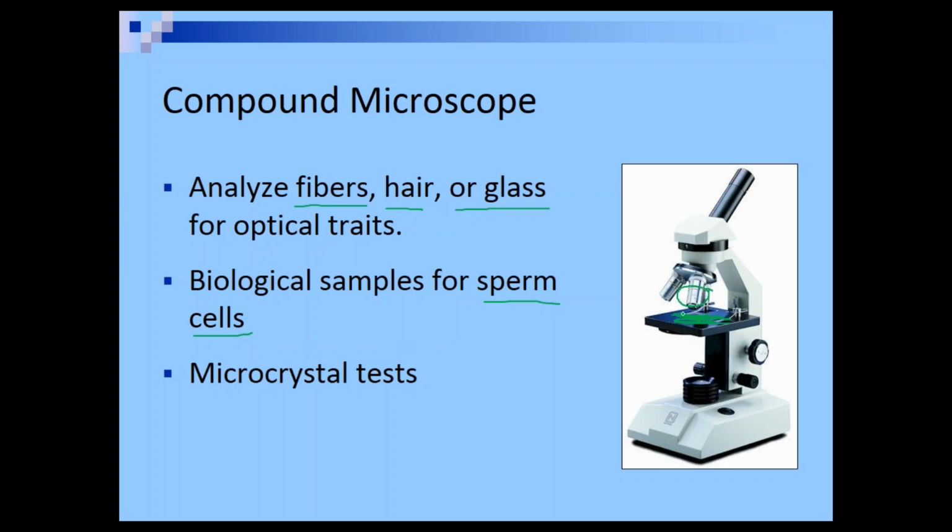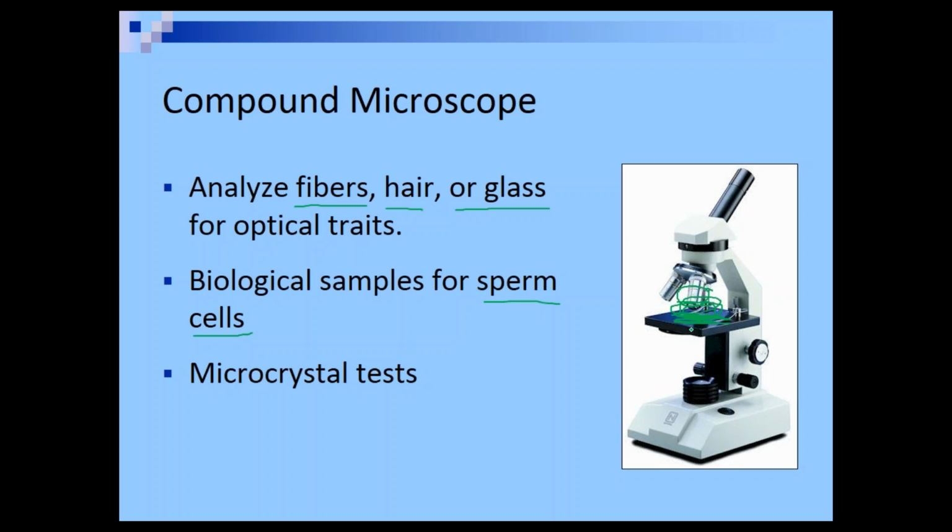In order to increase your magnification, with the stereo binocular microscope you may get up to about 20 times magnification, 10 in the objective and 10 in the oculars. With the compound microscope, you can get up to 1,000 times. But to get that high magnification, you need your lens to be very close to the object that you're magnifying.